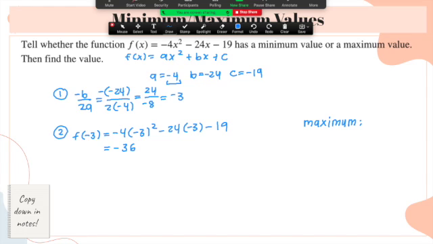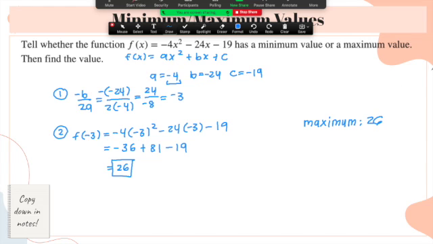Negative 24 times negative 3 equals positive 72, and we're left with the negative 19. So negative 36 plus 72 minus 19 equals positive 17. So our maximum value is going to be the 26.